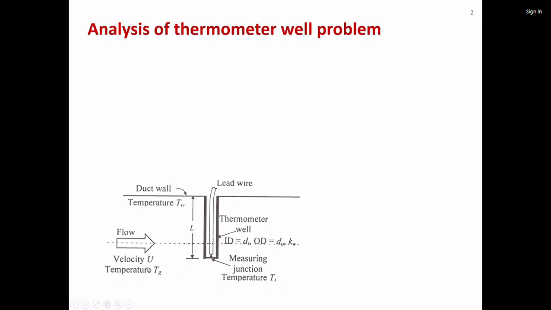And so heat basically flows from the process fluid into the tip and goes into the wire. Part of the heat also goes from the fluid into this tube wall, and from the tube wall, the heat can be lost into the ambient or this duct wall through radiation.